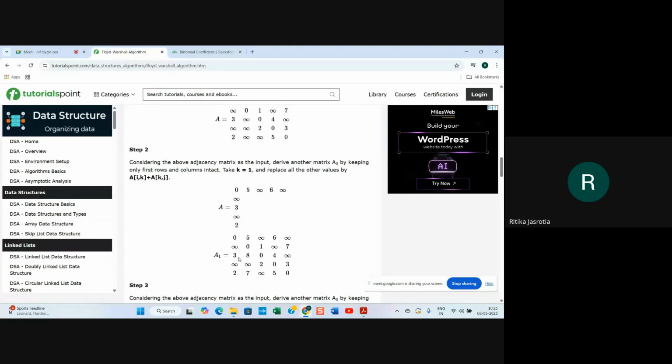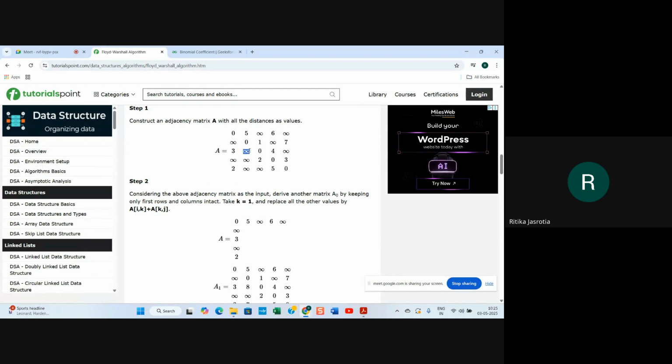So this is what you are finding out now here. This position is 2, 1. Here it will be A21 plus A11.